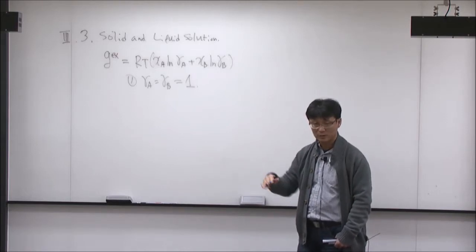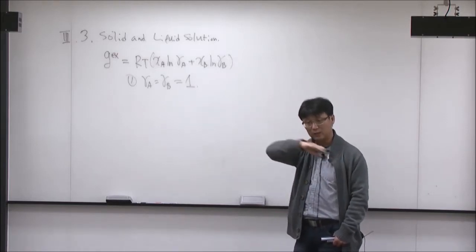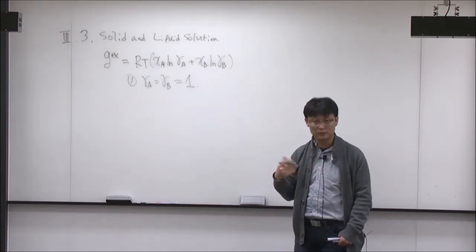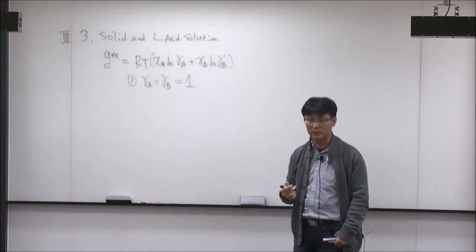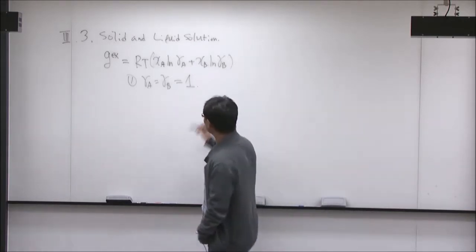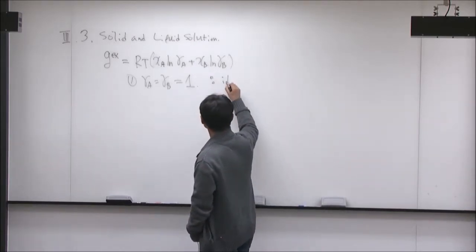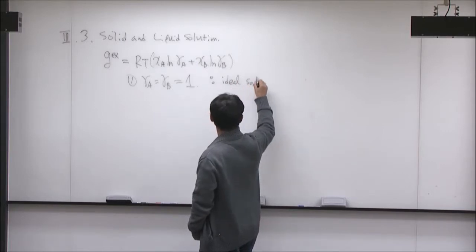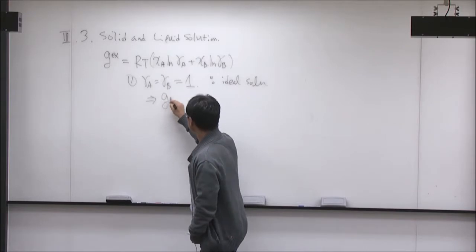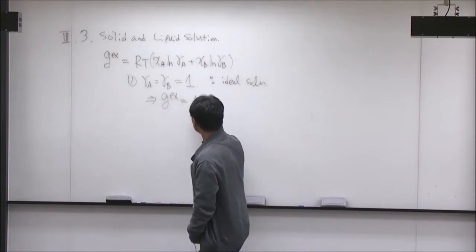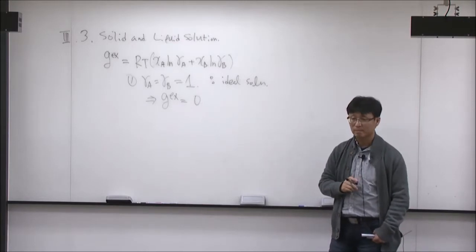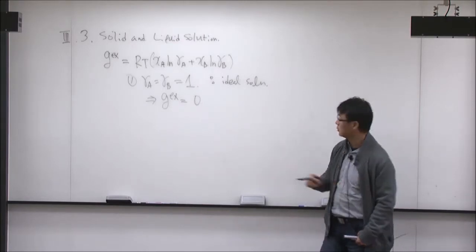Do you remember that? When the activity is just changing linearly with the composition, it means there's no interaction between A and B. That's what I said. And then activity coefficient equal to 1, and you call this one an ideal solution. When it's the case, Gxs equal to 0. Am I right?